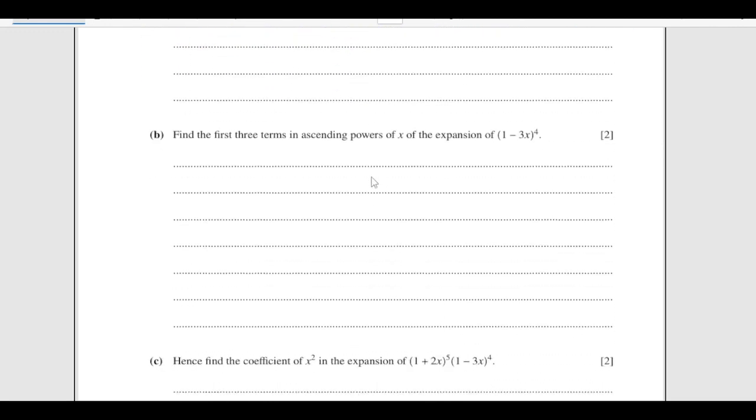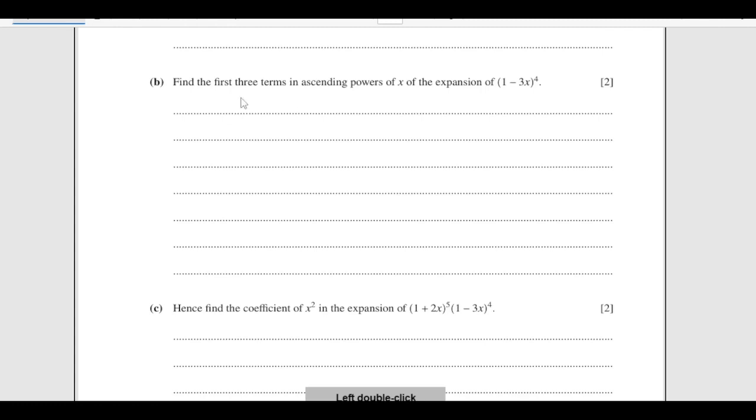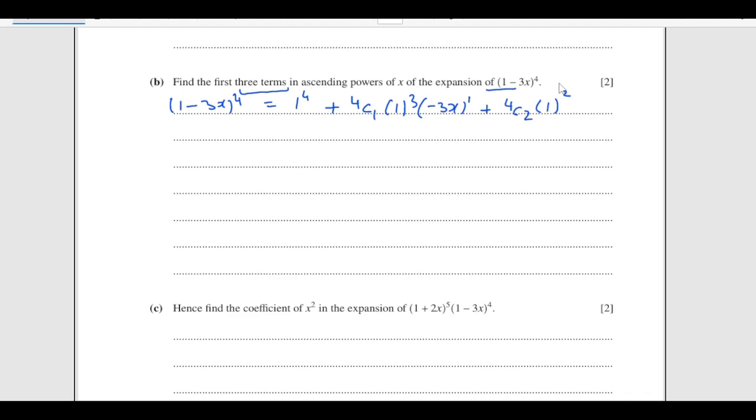Now find the first three terms again in ascending powers for the second expression. So again we are going to expand using the binomial theorem, right. This is going to be 1 power 4 plus 4c1, 1 power 3, and then negative 3x power 1, then 4c2, 1 power 2, and then (negative 3x) power 2.